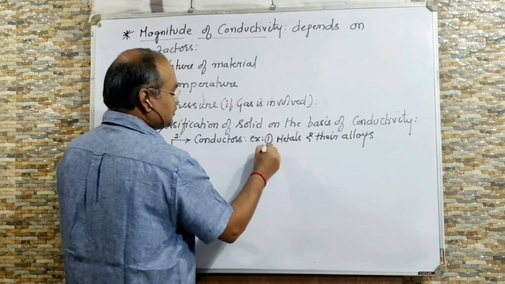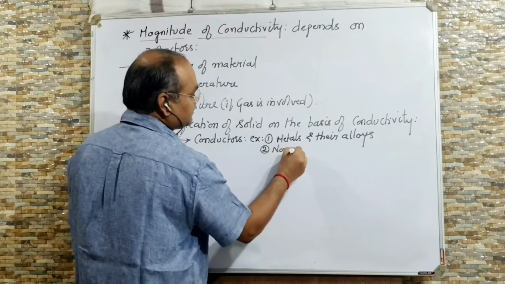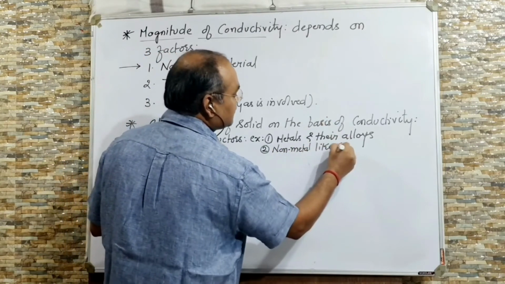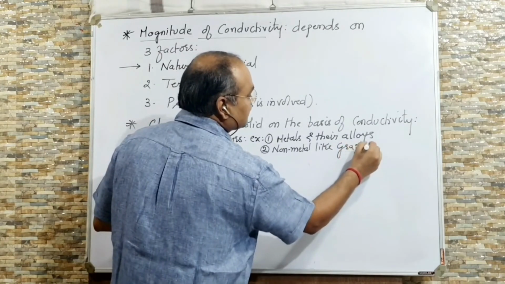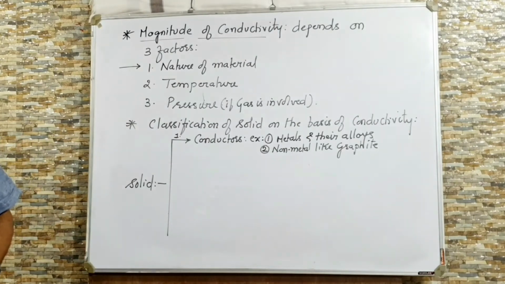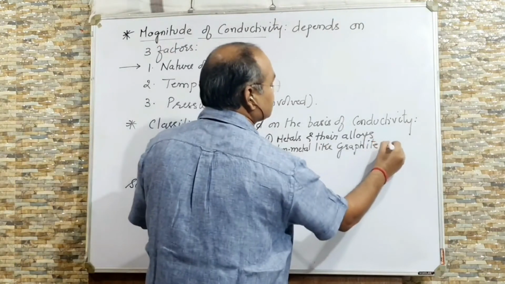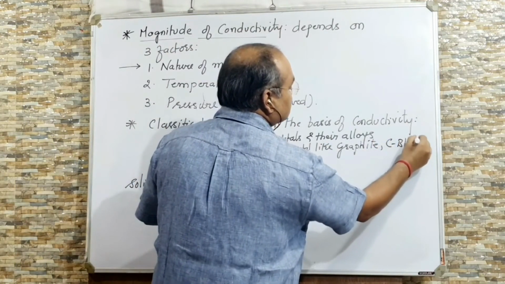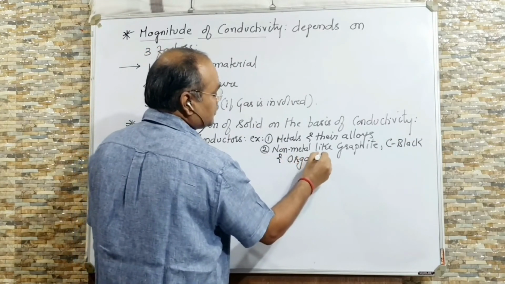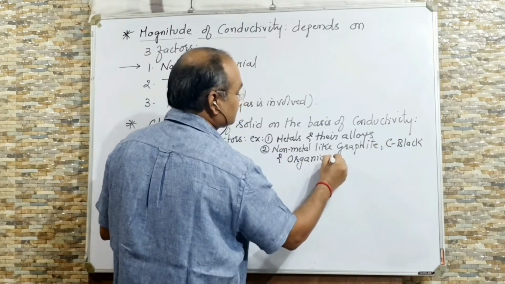Second example is non-metal, like you have studied in 11, graphite and organic polymers. Organic materials are prepared from carbon.